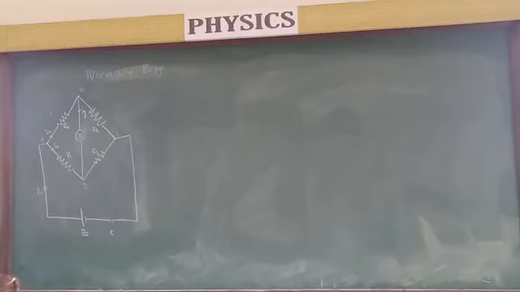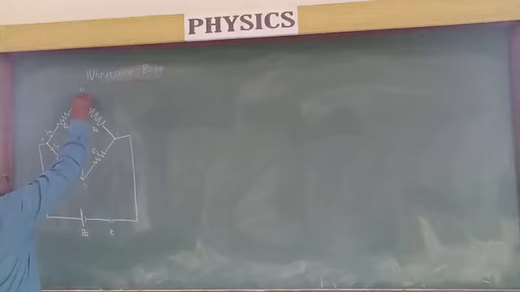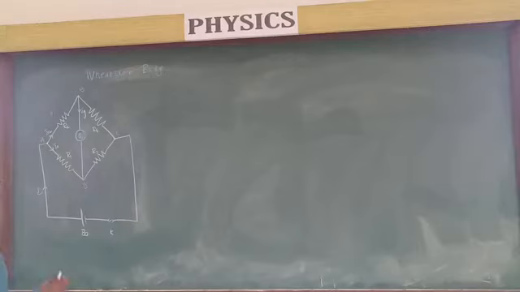Now come to the point B. B is also a junction. From A to B the current is I2, and this current is entering the node.